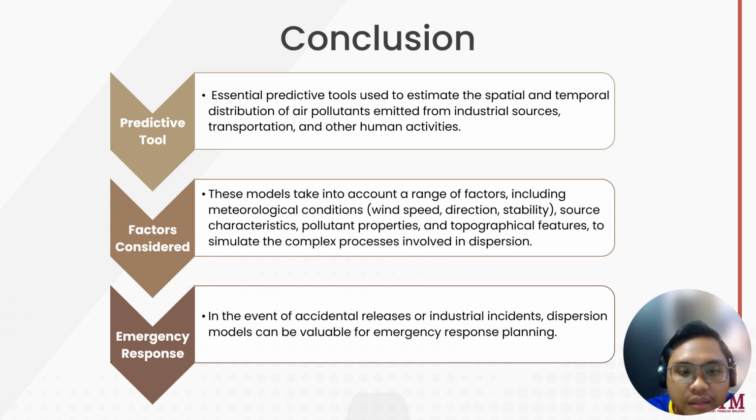Second, these models take into account a range of factors including meteorological conditions such as wind speed, direction, and stability, source characteristics, pollutant properties, and topographical features to simulate the complex processes involved in dispersion. And the last is emergency response, such as in the event of accidental releases or industrial incidents. Dispersion models can be valuable for emergency response planning.